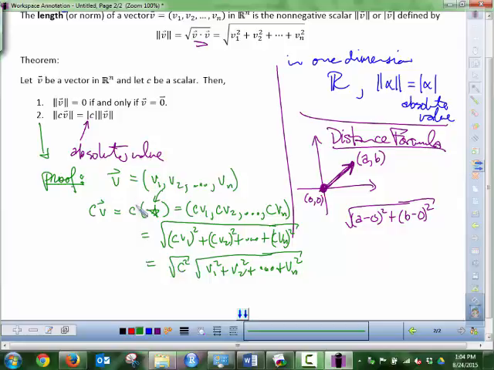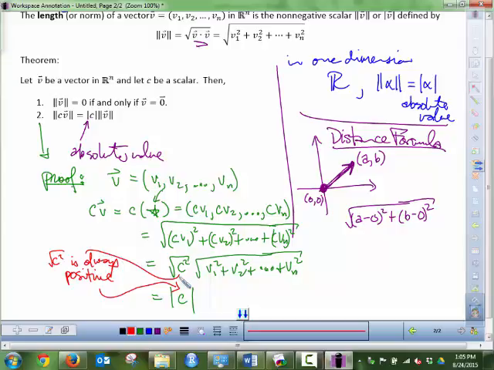So that means if c was negative to begin with, when you square it first and then take the square root, it's going to end up being positive. So this is always going to be positive, even if c is negative to begin with.